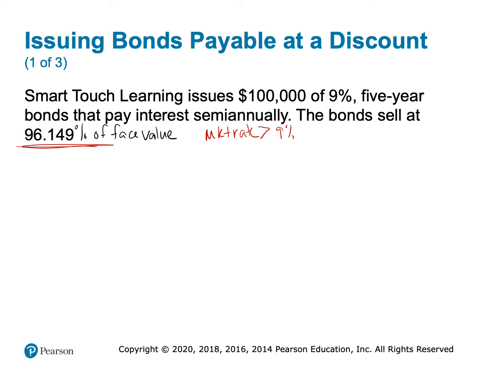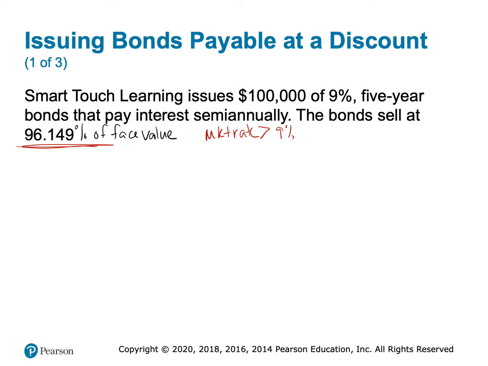Now, this means that I'm going to receive less than $100,000 cash, but at maturity, I still have to pay them $100,000. And I still have to pay them interest based on $100,000. But I'm going to get less than $100,000 up front.